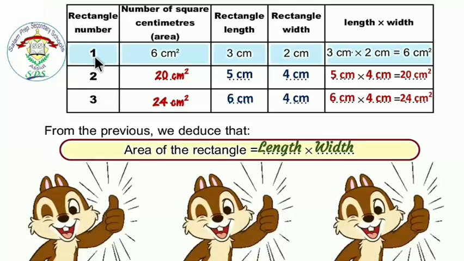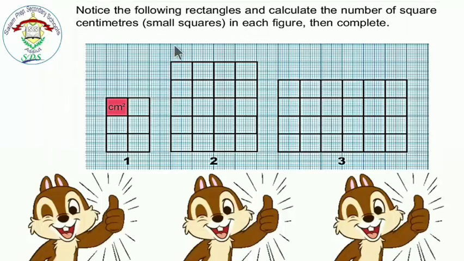Square number 1. Number of square centimeters: 1, 2, 3, 4, 5, 6. This is number of square centimeters.